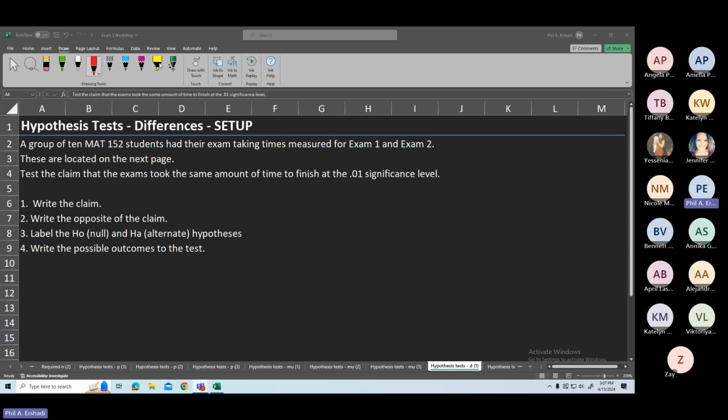So our claim says that it's the same amount of time. Let's see who wants to take a shot at this one. How would I write my claim here? It's a tough one, so you may not have seen this before. I'll give you a moment to think it over.